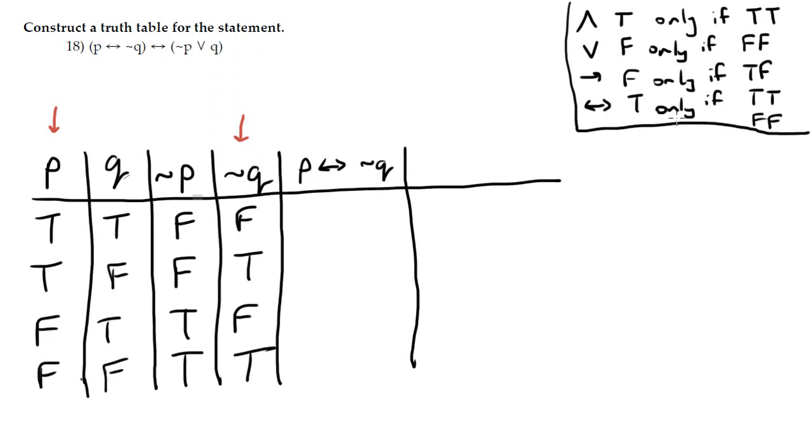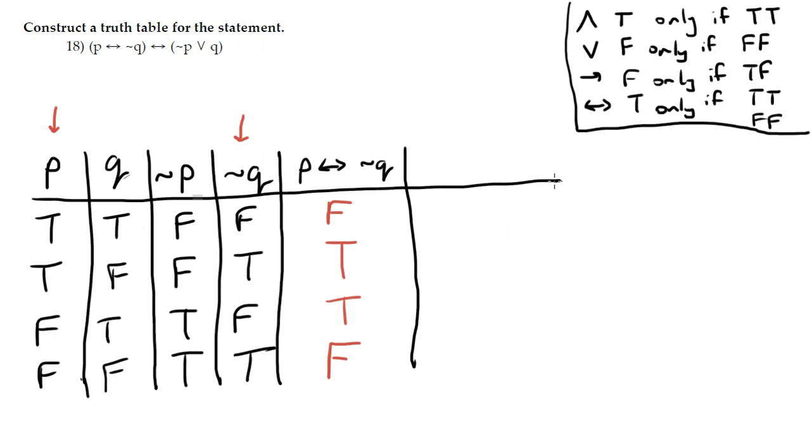That's true only if I have a true, true, or false, false. Here we go. True, false. It's only true if I have the same truth value, so this is false. True, true, that's true. False, false, that's also true. False, true is false.